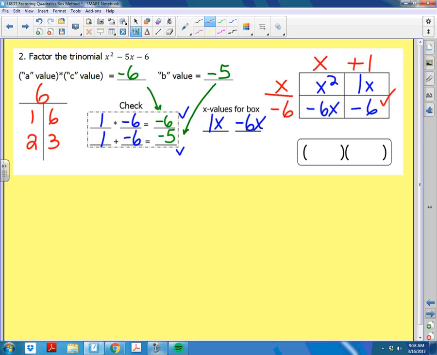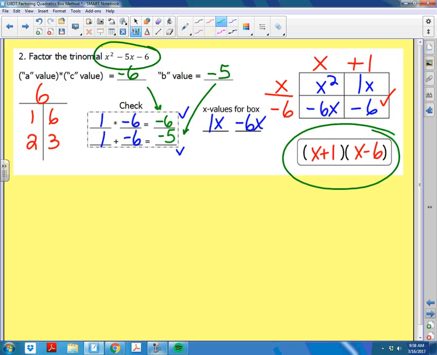I do my double check and make sure that works, which means my factors are x plus 1 and x minus 6. And by the way, just to be clear, what we're basically determining, if we FOIL this, what are we going to get? We're going to get this trinomial. Very good. That's the way it works.